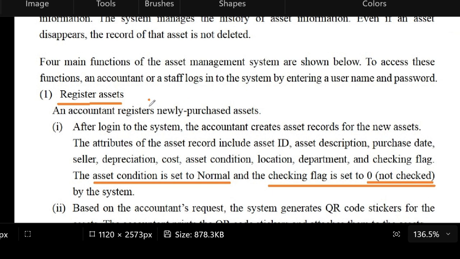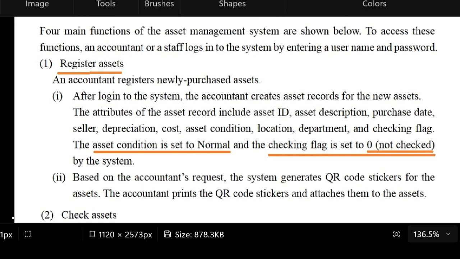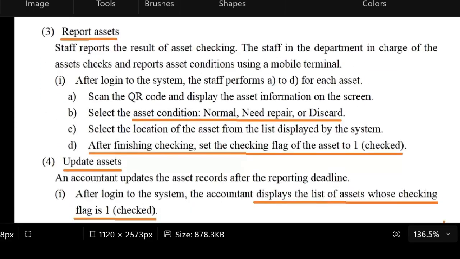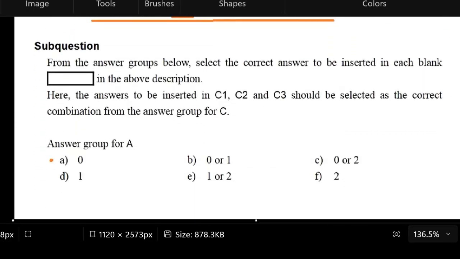We have here the register assets function, and I've put here some of the words that we are going to focus on, because the question is asking us, if we go down to the sub-question portion, to find the correct answer from the group that would be filled in the blank.